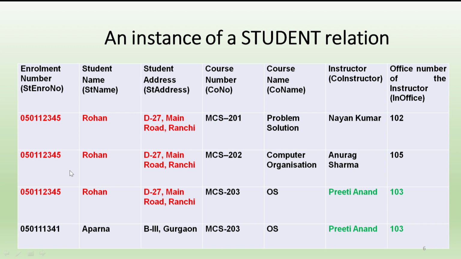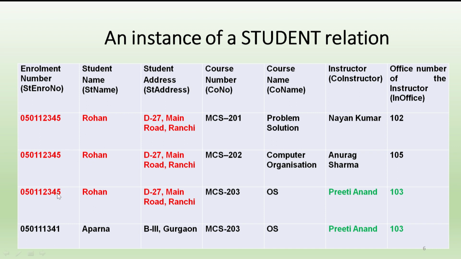But technically, what functional determination means in this dependency is, for example, an enrollment number, say with last digits 2, 3, 4, 5, right? This particular enrollment number exists in three places, and in all the places the student name happens to be Rohan.